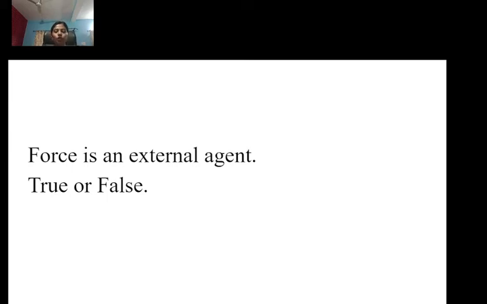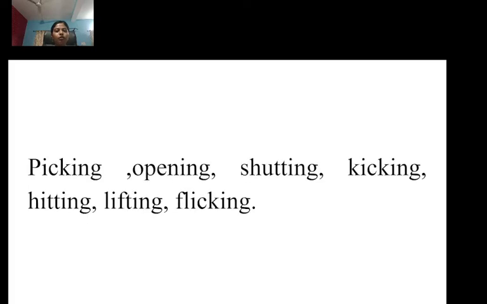Alright? Good. Now, students, picking, opening, shutting, kicking, hitting, lifting, flicking. How can all this be done? How can we do all these things? Picking, right?